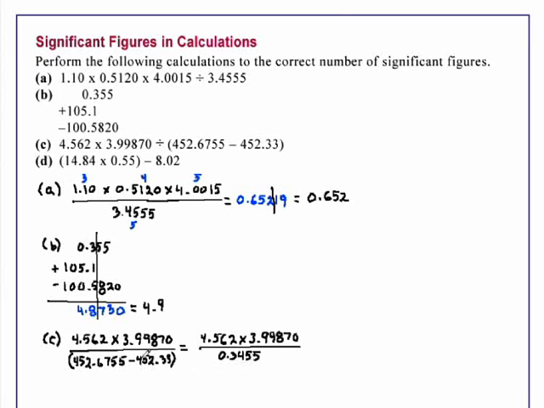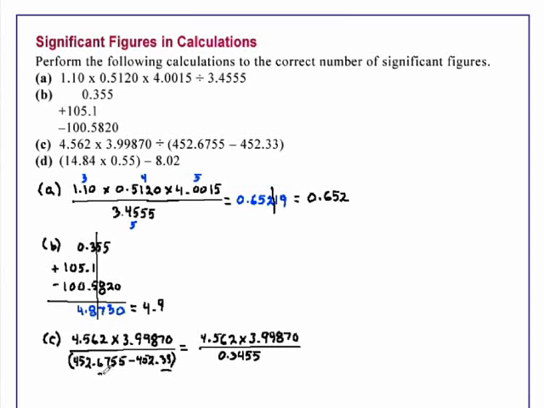However, remember from part B that we have rules for adding and subtracting, and those rules say that this number should be rounded to the number of decimal places in the datum with the smallest number of decimal places. Notice that we have 2 decimal places in that number.